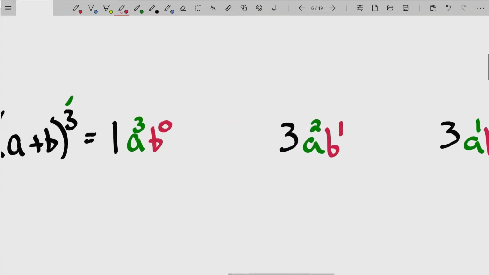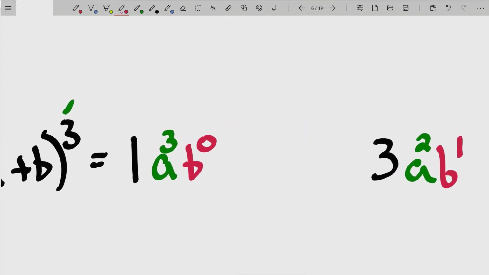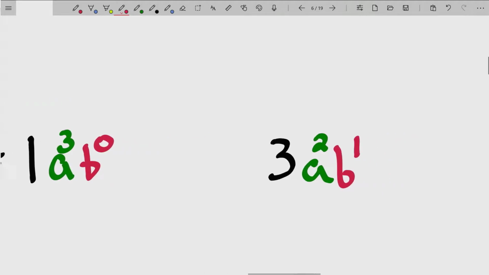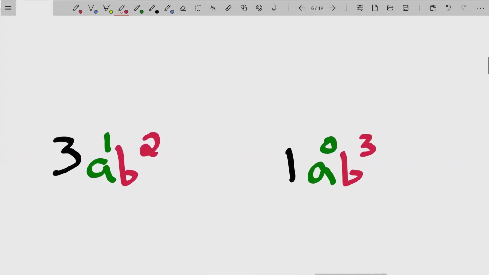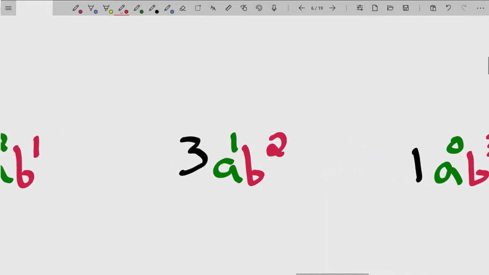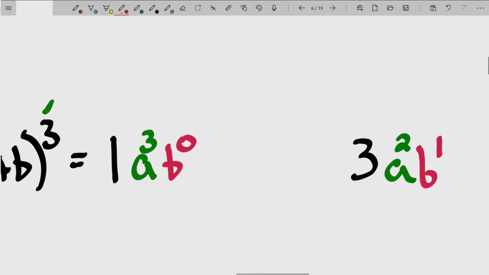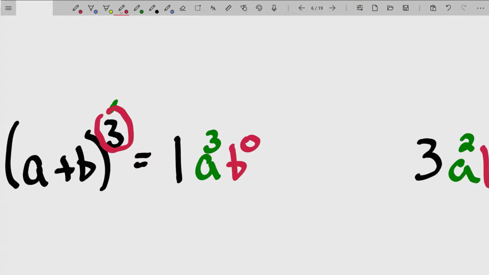Notice at any given moment, the sum of their powers, 3 and 0, 2 and 1, 1 and 2, 0 and 3, they're always going to sum up to the ultimate power in the original binomial.